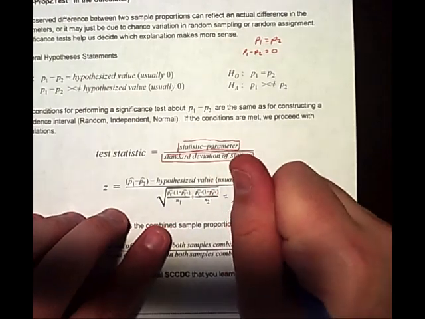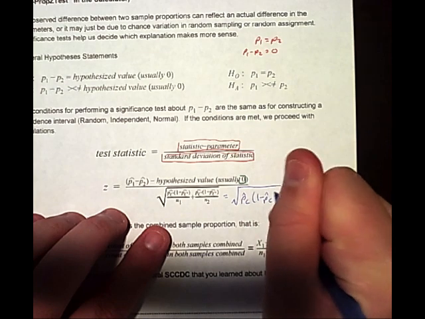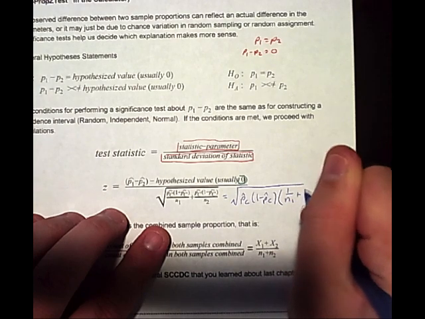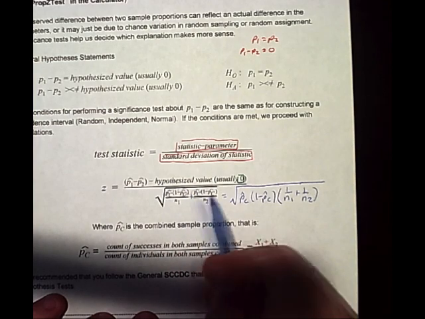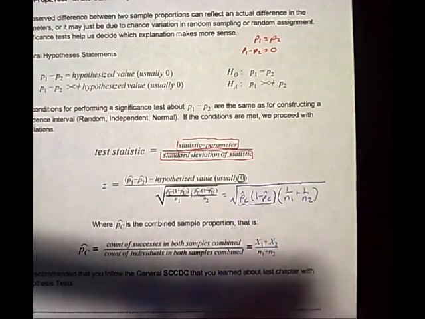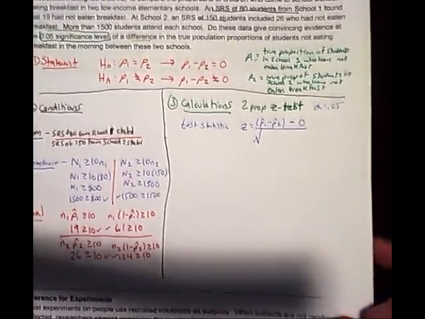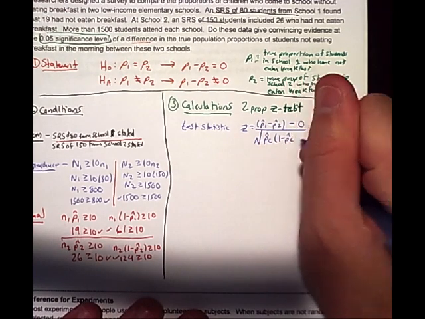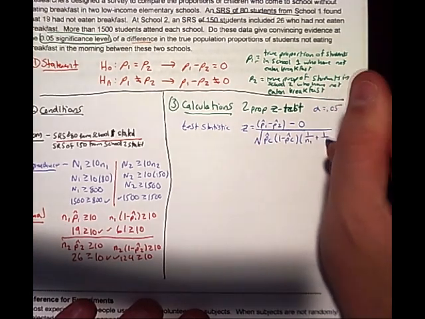So you can also write that denominator as p hat combined, 1 minus p hat combined, times the big quantity, 1 over n1 plus 1 over n2. Since these are common to both terms, I can factor them out in front. That's the way I've always done it.